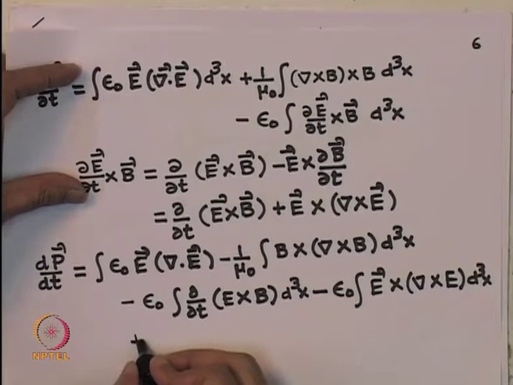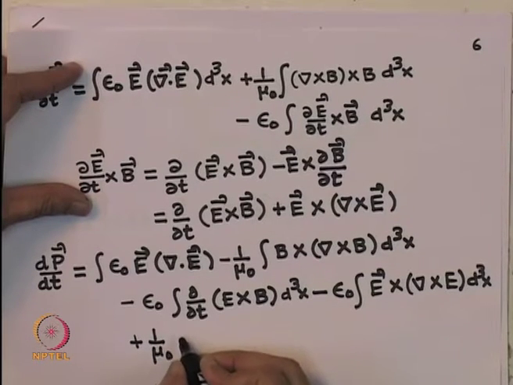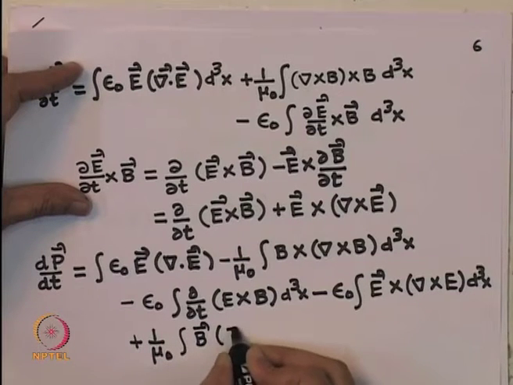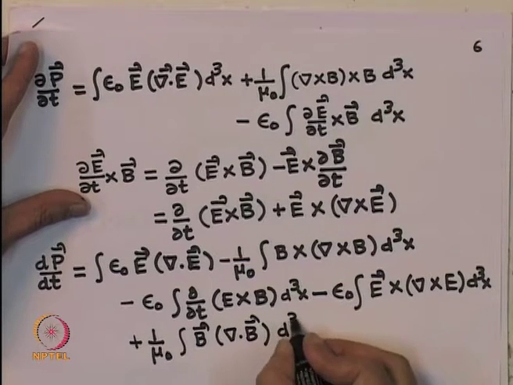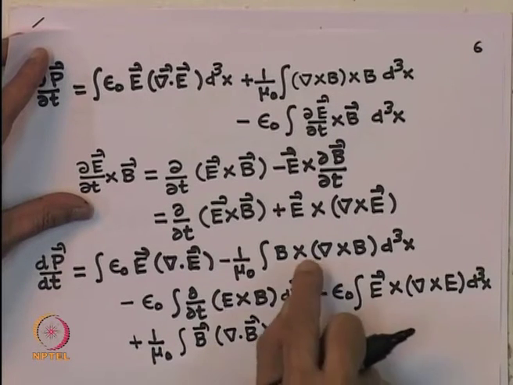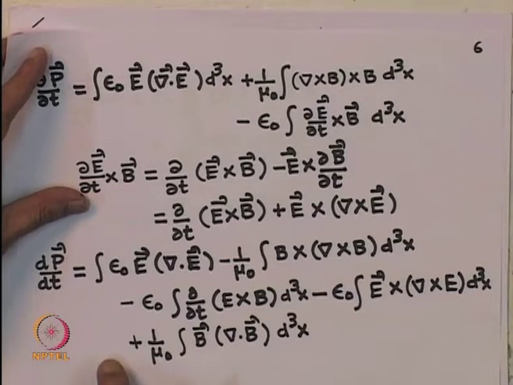I will write down plus 1 over mu 0 integral B del dot B. I could do that because del dot B is identically equal to 0. So, this is like adding a 0 to that equation. That has the effect of making these expressions symmetric with respect to the electric and the magnetic field.